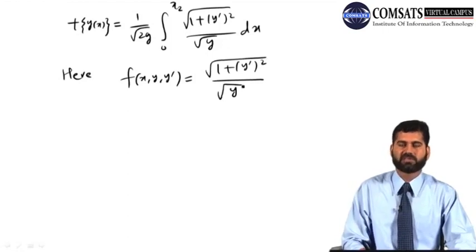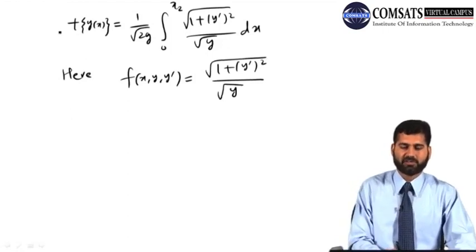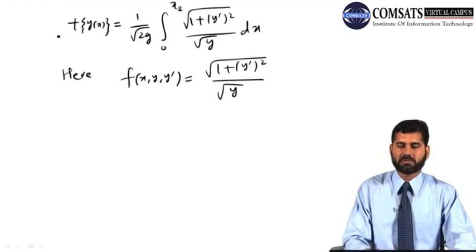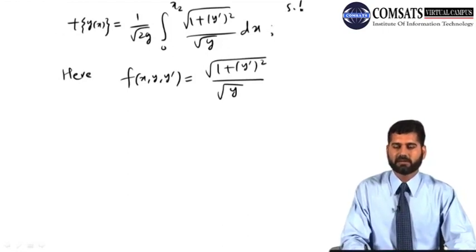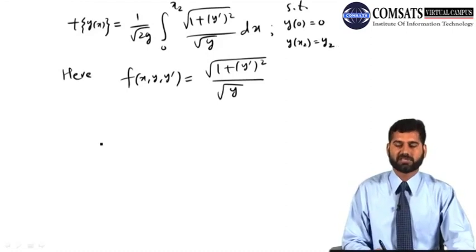This is my f. So this is our variational problem, subject to conditions are the same, that y at x1 is equal to y1 and y at x2 is equal to y2. Alright, so this is our variational problem. So here f is this.